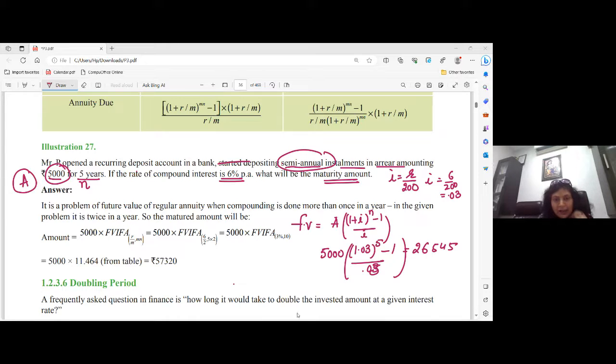Because 1.03, oh sorry, it's not 5, it's 10 because compounding is semi-annually. That means the number of installments will be 10.